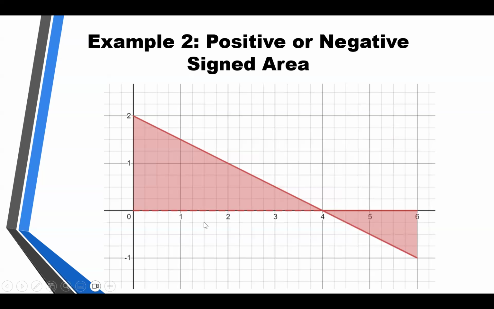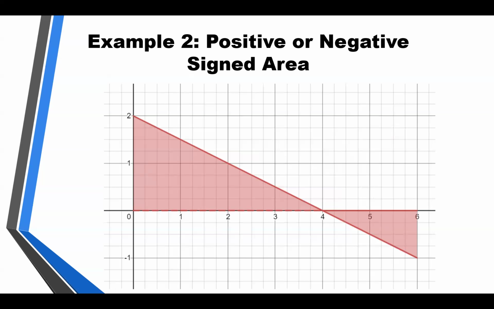Oh, I'm sorry, not height of 6. So, excuse me, base of 4, height of 2. Base of 4, height of 2 gives you an area of 4. I misspoke earlier. So, the bigger triangle is area 4. The smaller triangle, base of 2, height of 1.